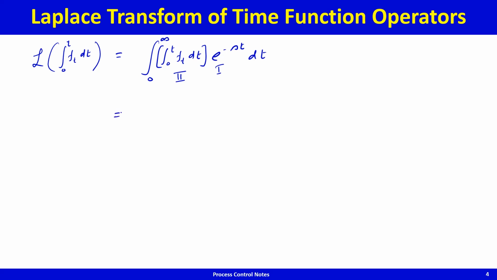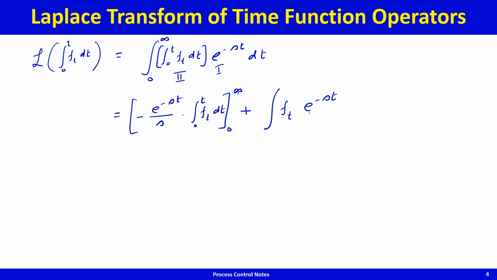So this is equal to this guy, integral of e to the power minus st will be e to the power minus st divided by minus s times integral of f of t dt 0 to t, and the limits on this guy are from 0 to infinity, minus integral of derivative of the integral, which would be f of t, times integral of e to the power minus st, which will be this guy.